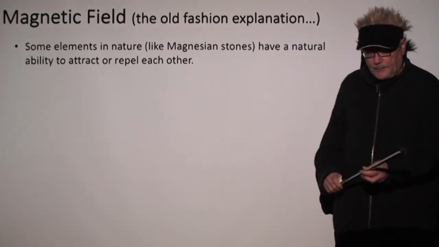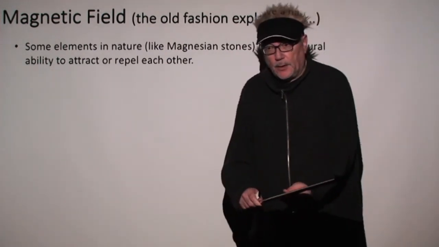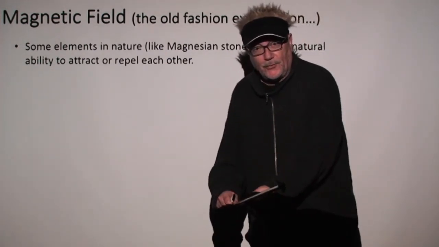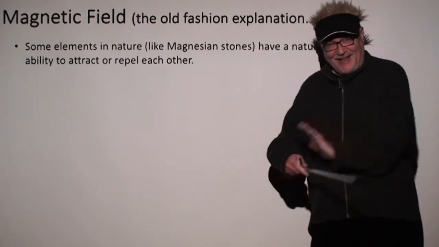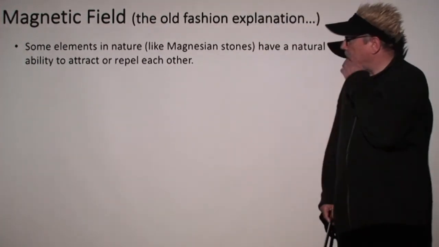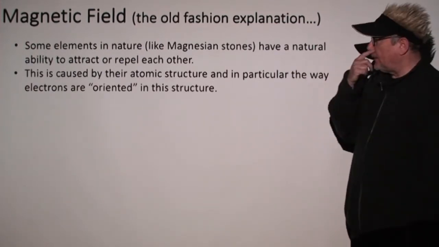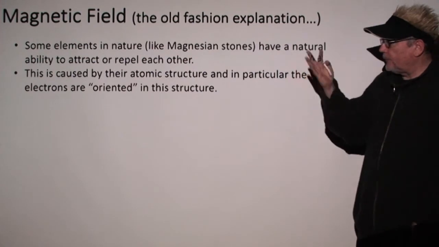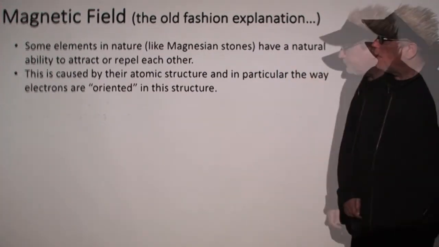They had these swords, and when they got near the stones, the stone was attracted. We learned later that this was caused by electrons which are in a certain way. Actually, that's one of the theories.